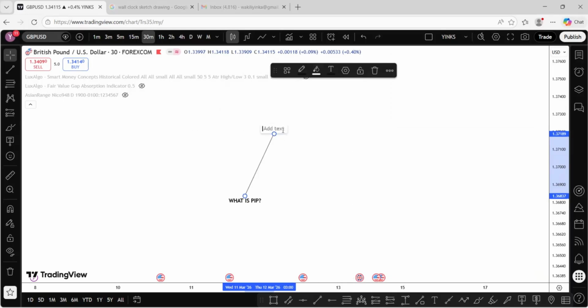A lot of definitions. So in a short meaning, pip is the smallest price movement in the markets, right?